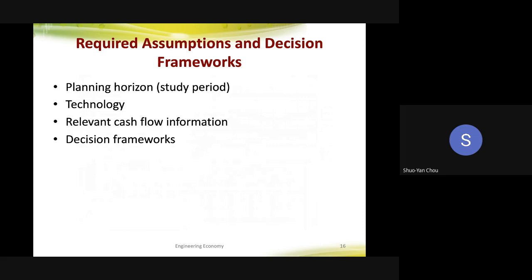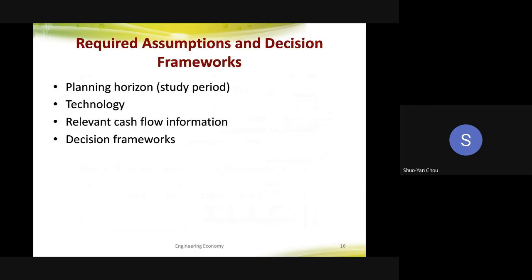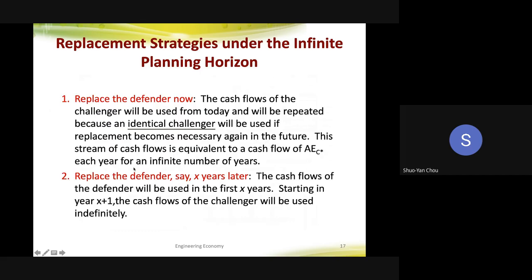And so you know that we need to decide on the planning horizon. Previously, we assumed that it's forever. And there are also other things that we can decide. We need to decide what kind of technology we are going to use, relevant cash flow information for sure, and the decision framework. And there's a little bit of complication.